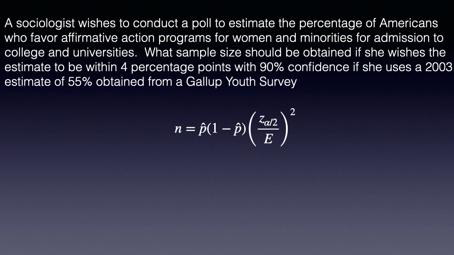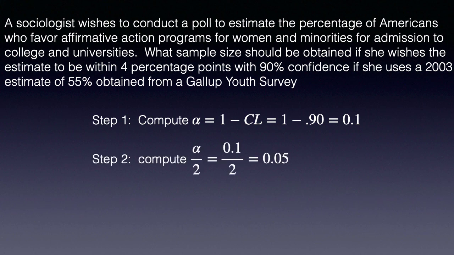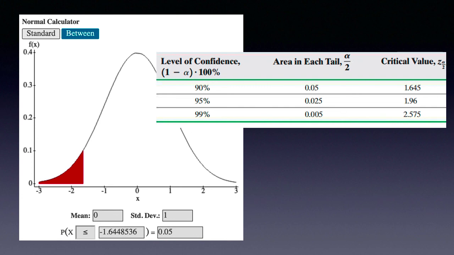Let's observe that we first need that Z alpha over 2. As I said a few minutes ago, we do the first 3 steps. We compute alpha, and then we compute alpha over 2, which gives us 0.025. Now we compute Z alpha over 2. If we use StatCrunch to compute this, we get the mean of 0, standard deviation of 1. You put in your 0.025, and notice you get negative 1.6448, and so on.